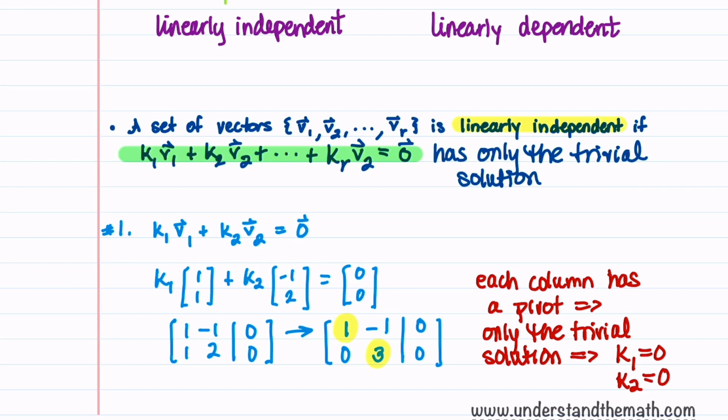So that is algebraically how you can determine if 2 vectors are linearly independent. Because we got the trivial solution as our only solution, v1 and v2 are linearly independent.